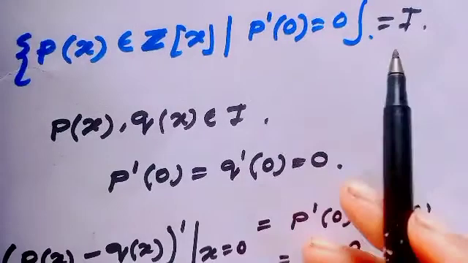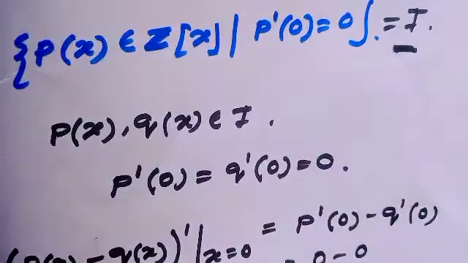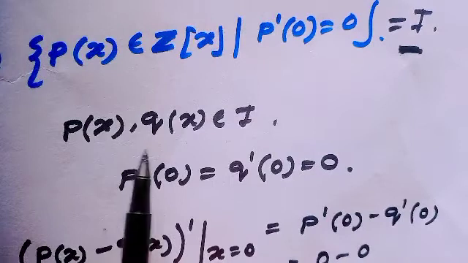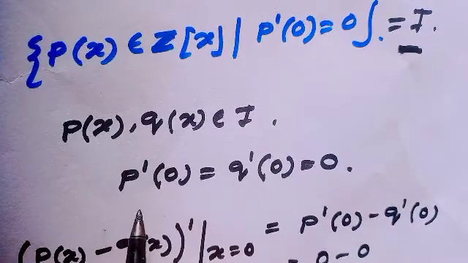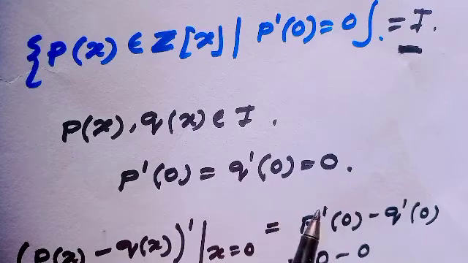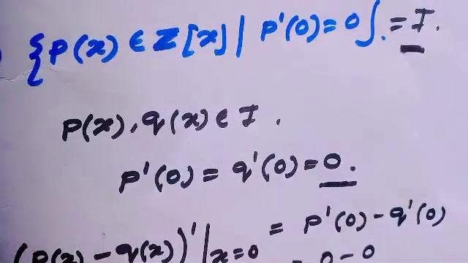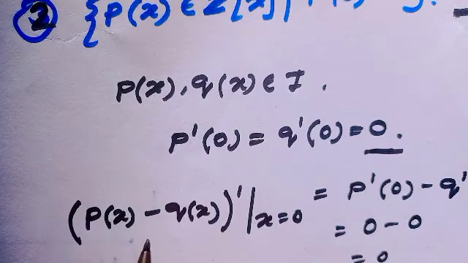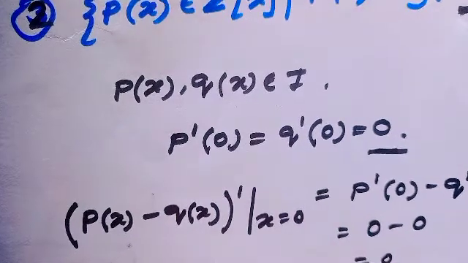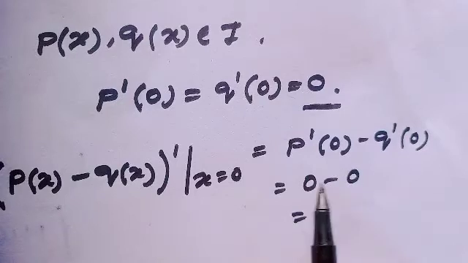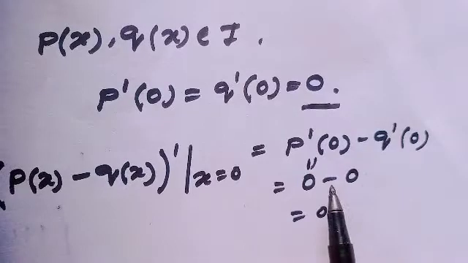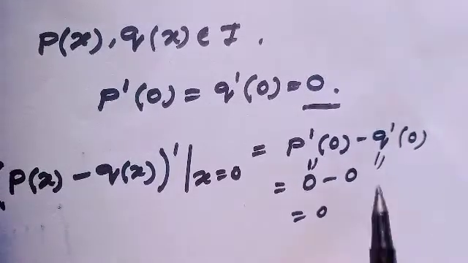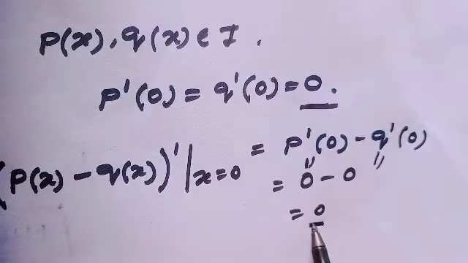Consider this set as capital I, and consider two polynomials p(x) and q(x) belonging to I such that p prime 0 equals q prime 0 equals 0. Then (p(x) minus q(x)) prime at the point x equals 0 equals, by the rules of derivative, p prime 0 minus q prime 0, and p prime 0 equals 0 and q prime 0 equals 0. That means 0 minus 0 equals 0.